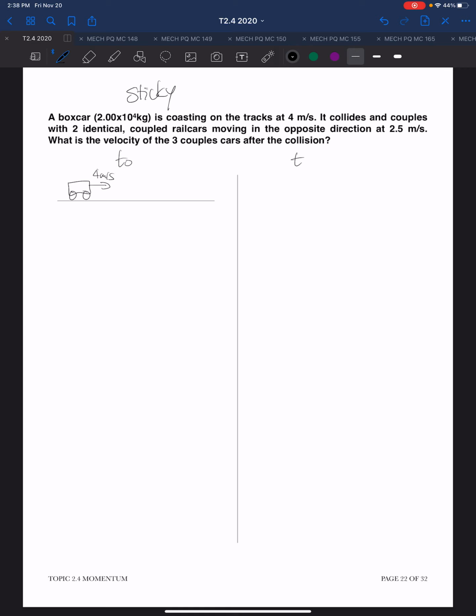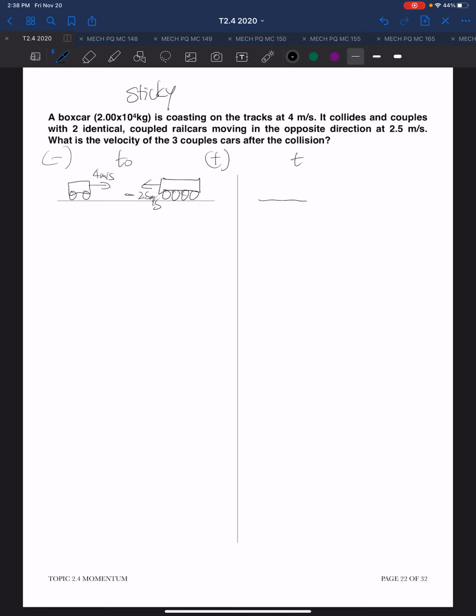It collides with two identical coupled rail cars moving the opposite direction at 2.5 meters per second. So what we have, the other particle, is there are two cars that are already together, and they're moving in this direction at 2.5 meters per second. Now that's a negative because our positive direction is to the right and our negative direction like so.